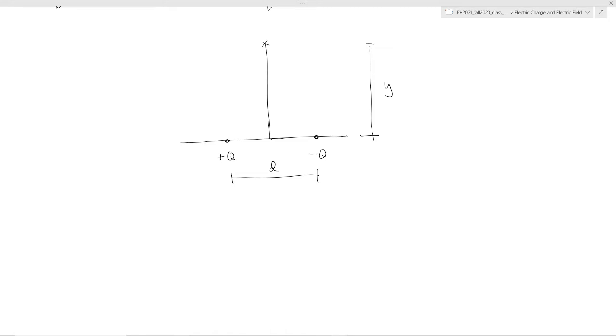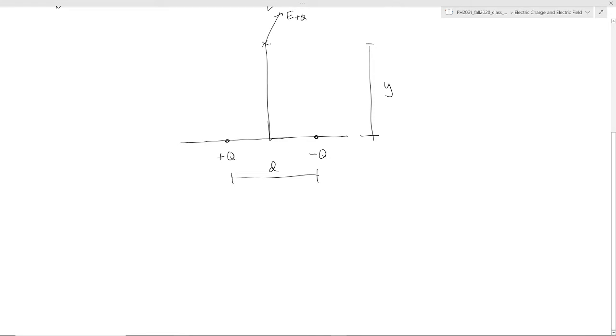So to get started, let's just try and draw where the electric field contributions from each charge would be pointing. Remember, it's going to point away from the positive charge, so there would be at this location an electric field that would be pointing something like that. We could call that one E from the plus charge.